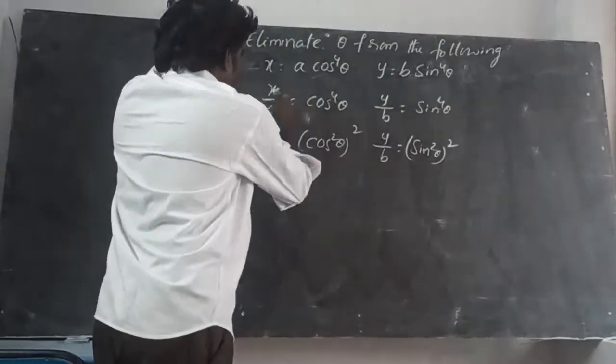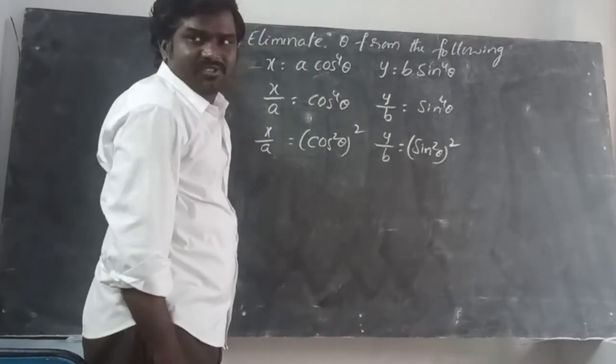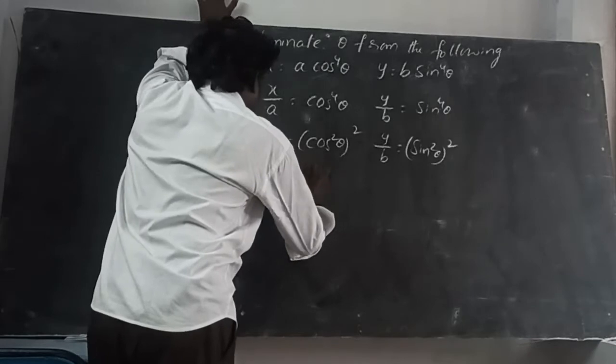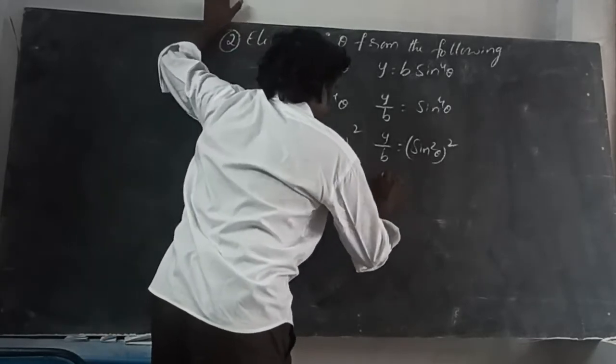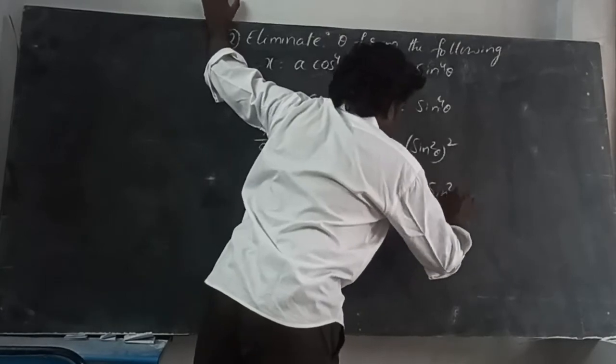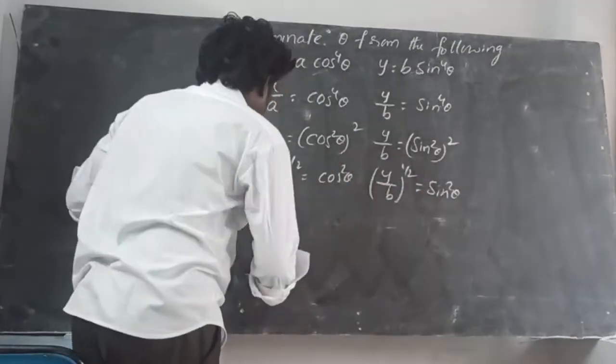Okay, this square comes out. What happens? Its exponent form becomes 1 by 2 on the left side. So that is x by a whole power 1 by 2 is equal to cos square theta, y by b whole power 1 by 2 is equal to sin square theta. Now we can add these two.